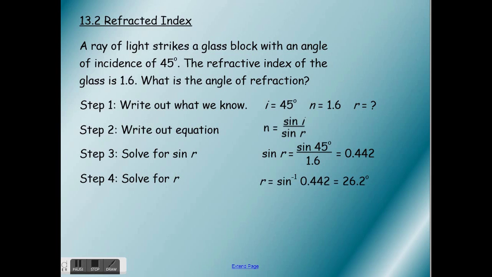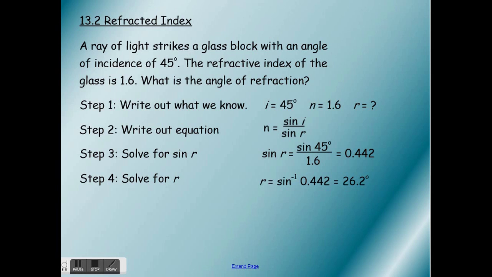You'll remember that from when we did trigonometry, using sine inverse, cos inverse, things like that. Whenever you need to get the variable by itself, you have to use sine inverse of whatever you have on the other side of your equal sign. In this case, it's 0.442. So R is equal to sine inverse of 0.442, which is 26.2 degrees.